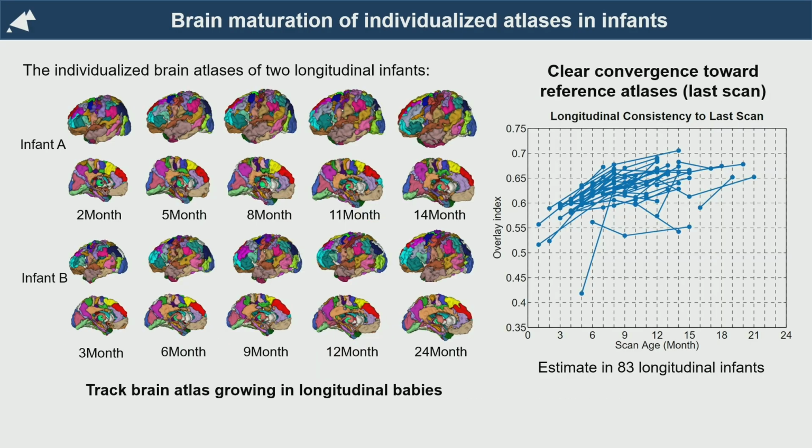Then we track brain atlas growth using longitudinal data. If we take the last scan of each longitudinal baby as reference, we can find a clear convergence toward the reference atlas during development.